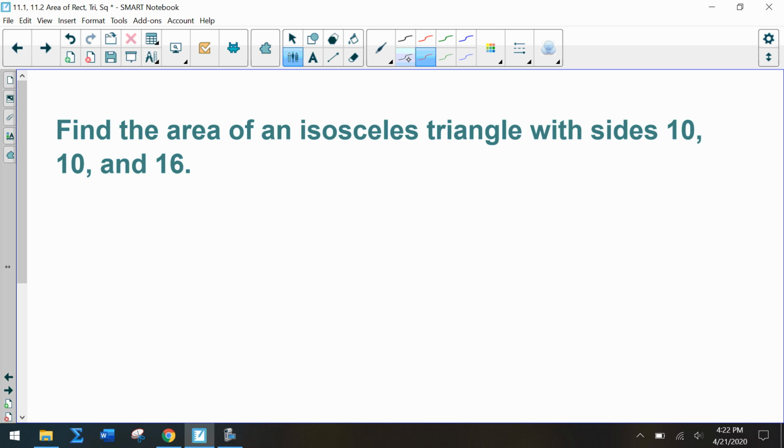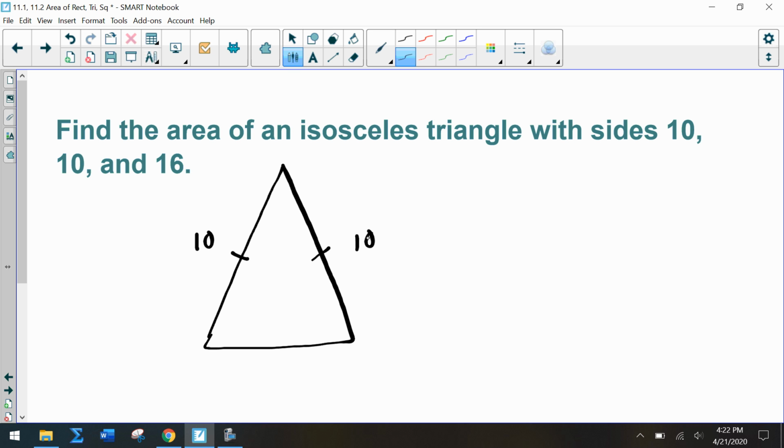Okay, we want to find the area of an isosceles triangle with sides 10, 10, and 16. So let's draw an isosceles triangle. Both sides are congruent, and the side lengths are 10, 10, and then this is 16. So if we're looking at this, we don't have a base or a height yet, but we have special properties of isosceles triangles that we could use.